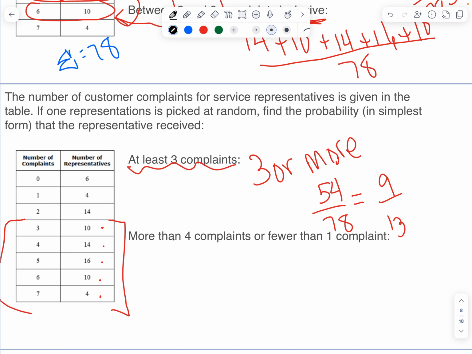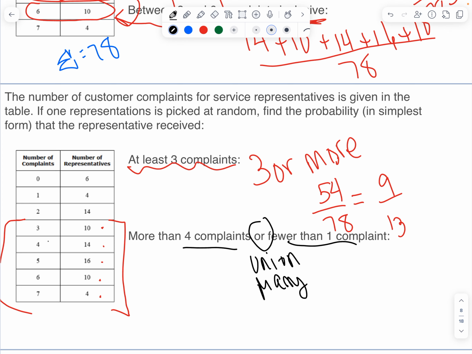Okay, more than 4 complaints, or remember that or means we're going to union or marry together, or fewer than 1 complaint. So more than 4 complaints means that we want to grab more than 4.